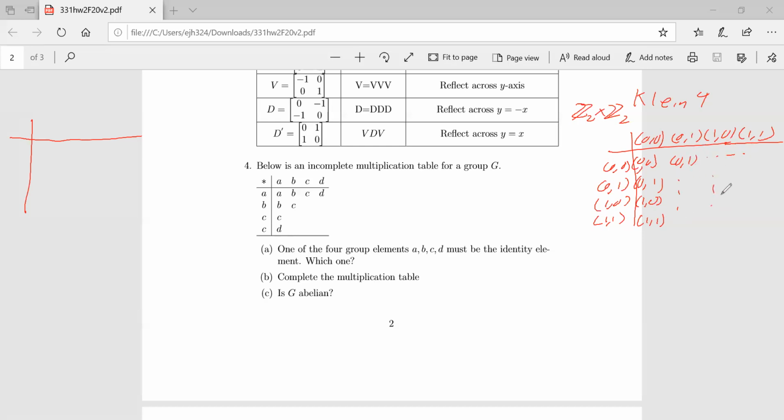You guys know how to do addition mod 2, right? The other one is equivalent to just Z4. Oh, sorry, we should do 0, 1, 2, 3, 0, 1, 2, 3. So here, what do we see as the identity?